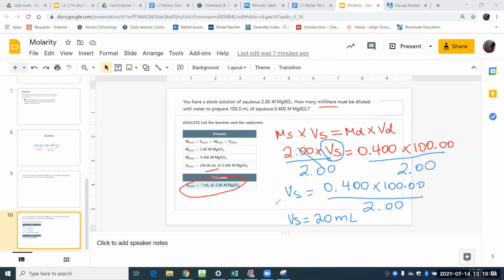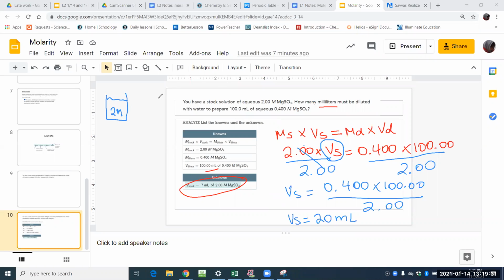Let me just try to put this into a picture. Say you have a stock solution right here. This is your stock solution, and here you have 2 molar, which is its concentration. Say I ask, hey, can you make a new solution for me?